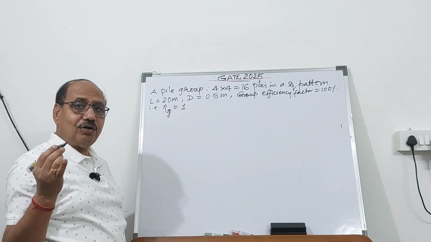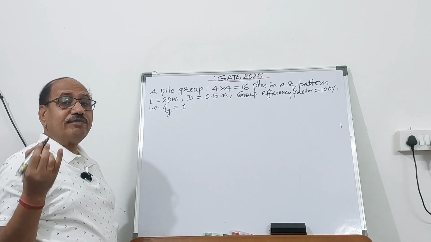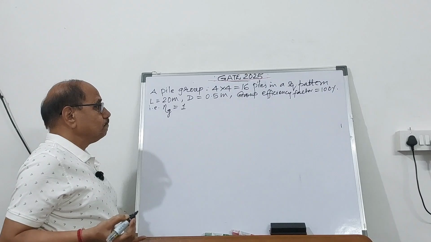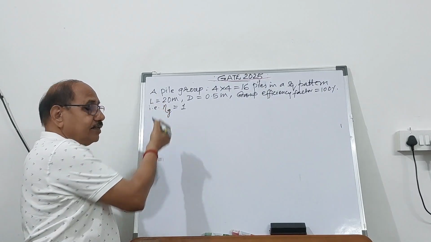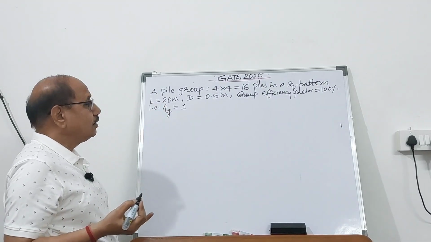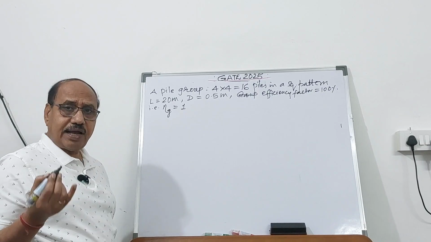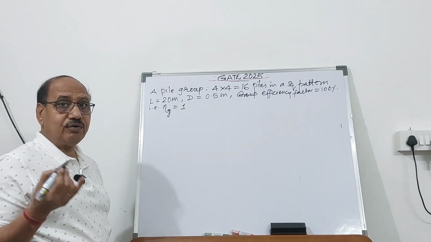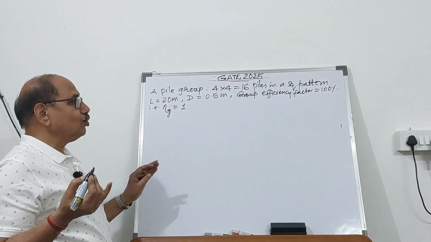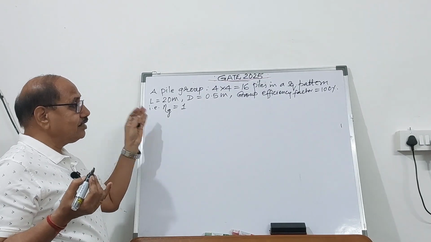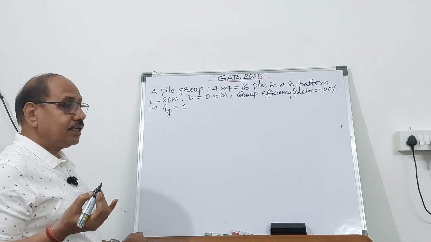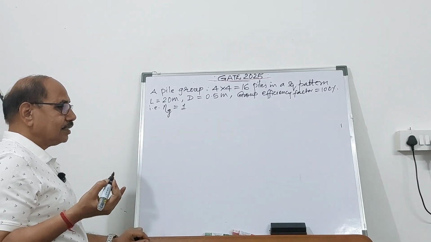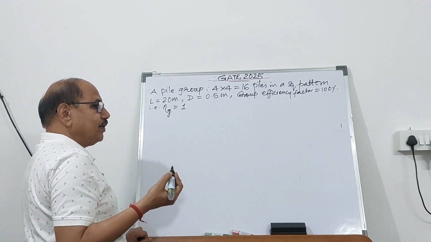I have elaborated in detail regarding group efficiency factor in my videos on pile foundation. So I would advise all of you to go through those videos, and I have already solved such problems there, and you can see how the problems are asked.